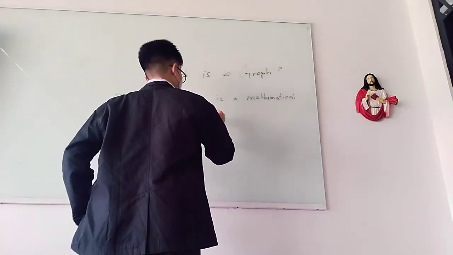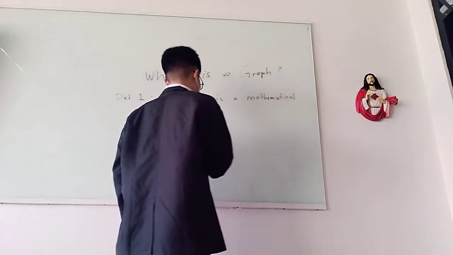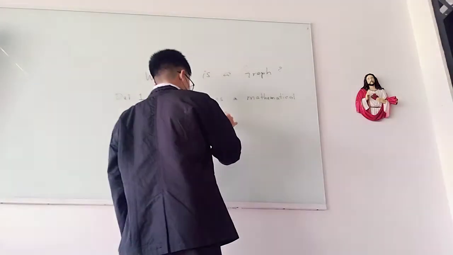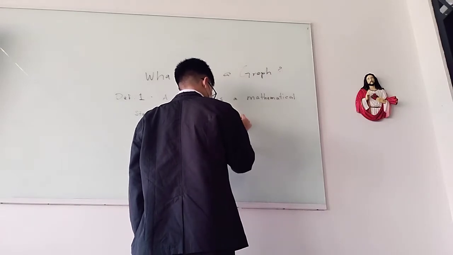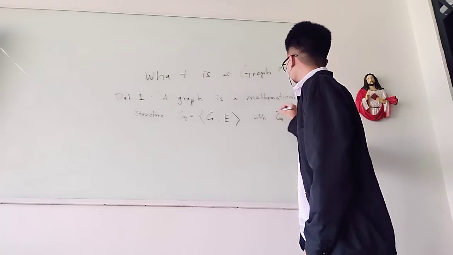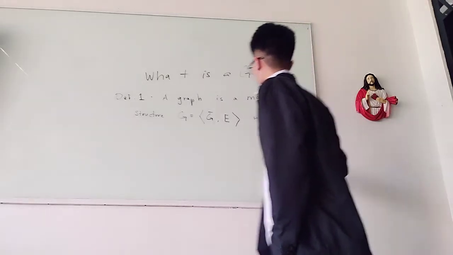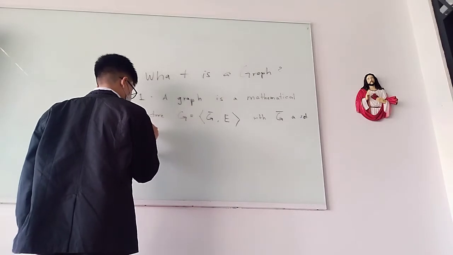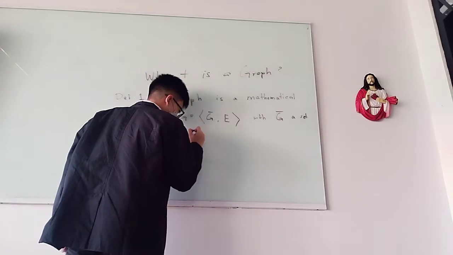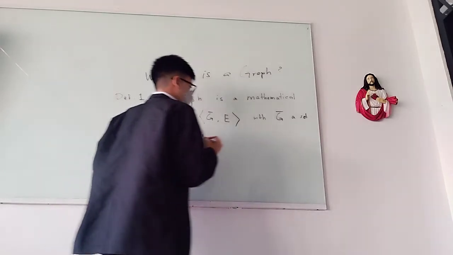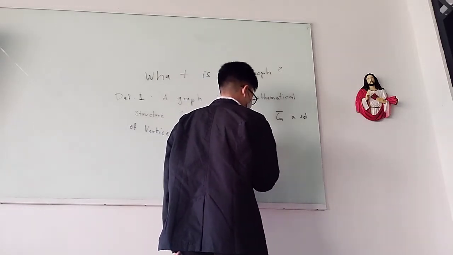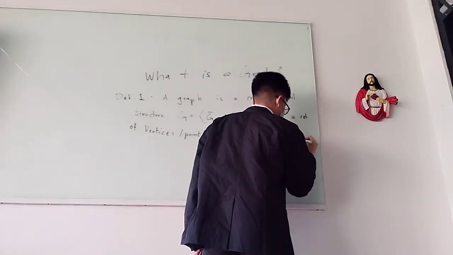G with a set of points or vertices and a set of edges: G bar, a set of vertices or points, and E, a set of edges.